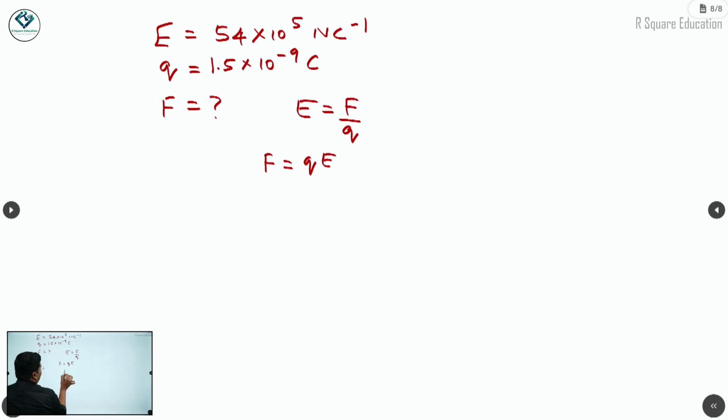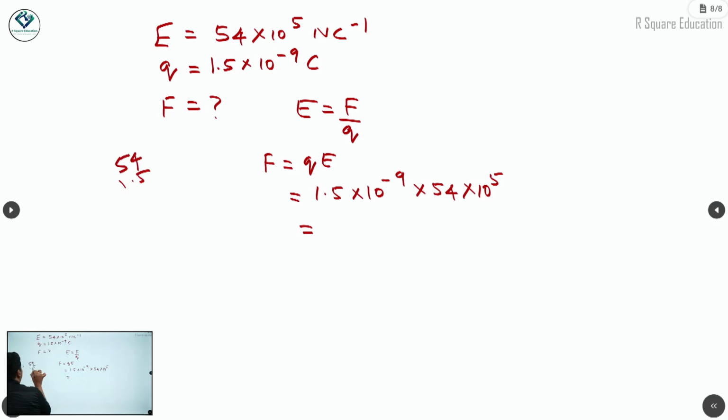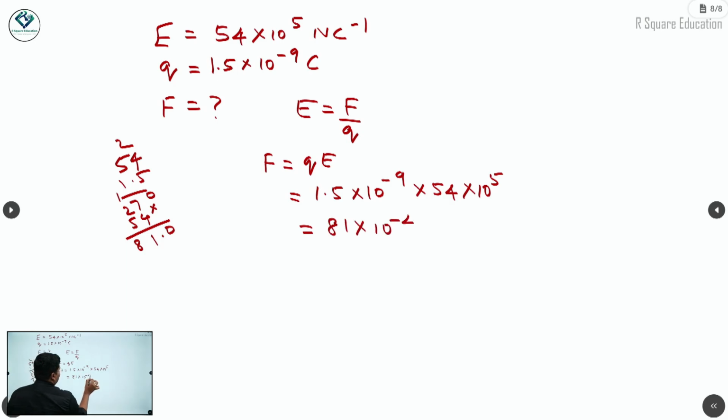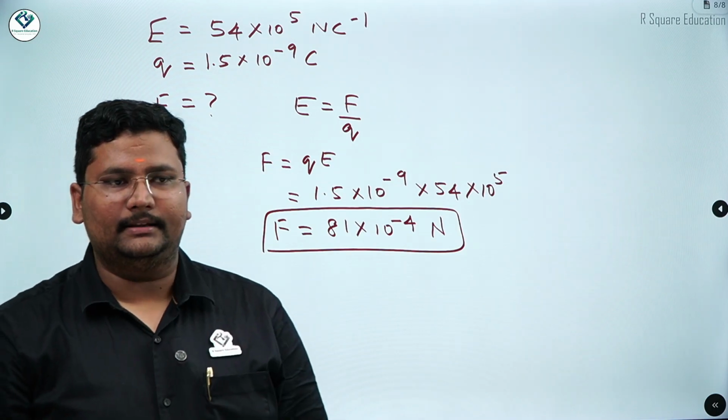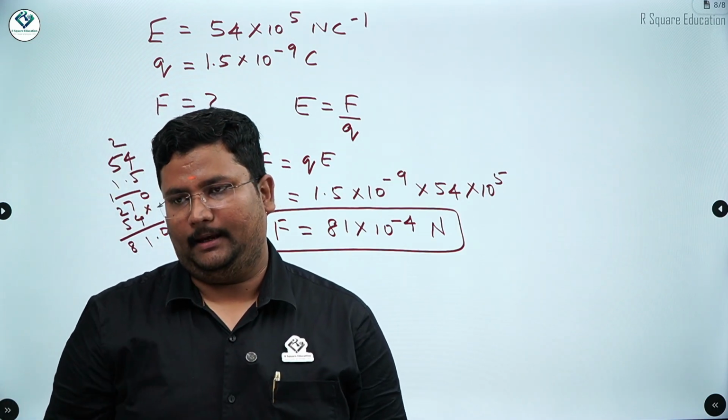Q into E. So you know Q now, 1.5 into 10 power minus 9 into 54 into 10 power 5. So 54 times 1.5 is 81, into 10 power minus 4. Unit is Newton. So this is the amount of force which we have when you bring in the charge at that position O.